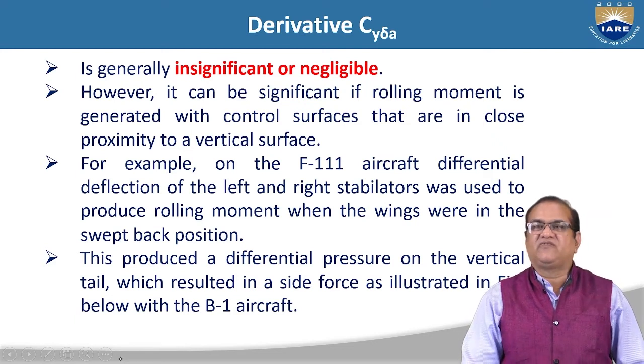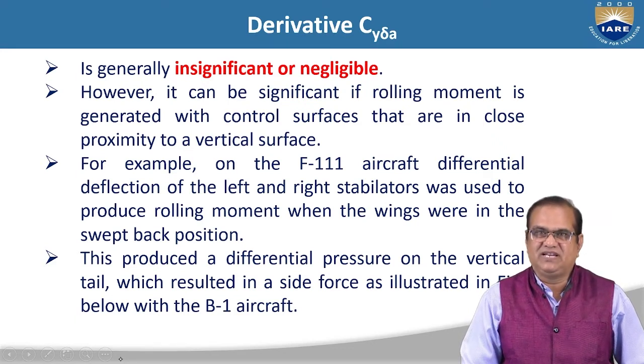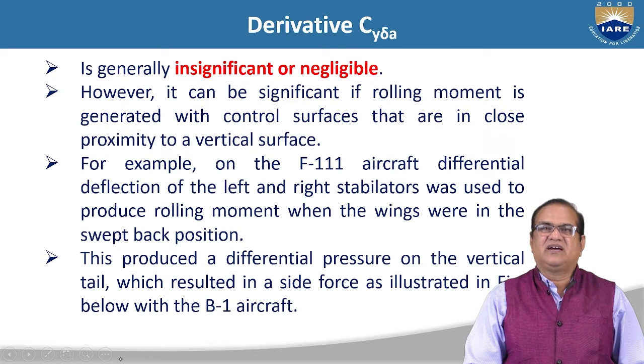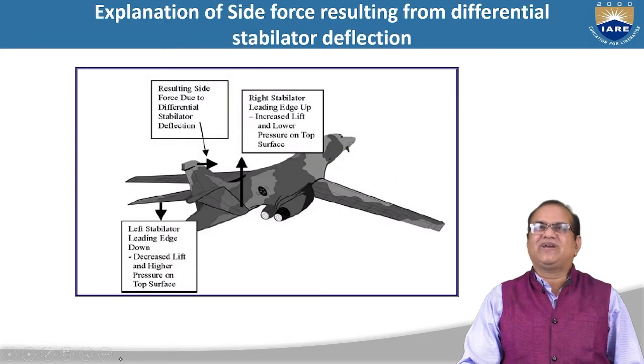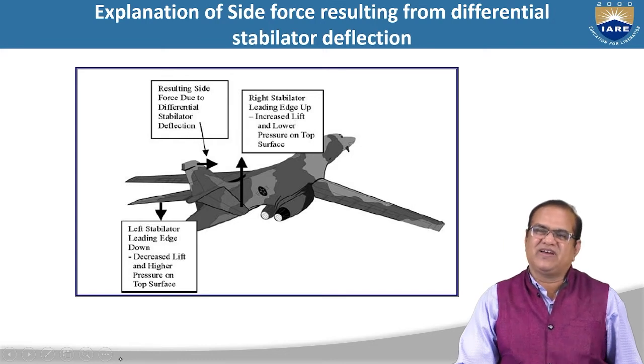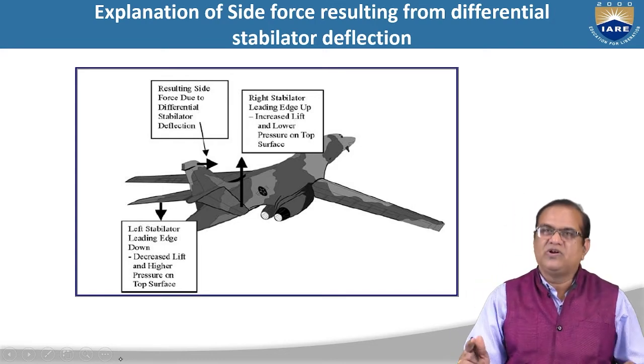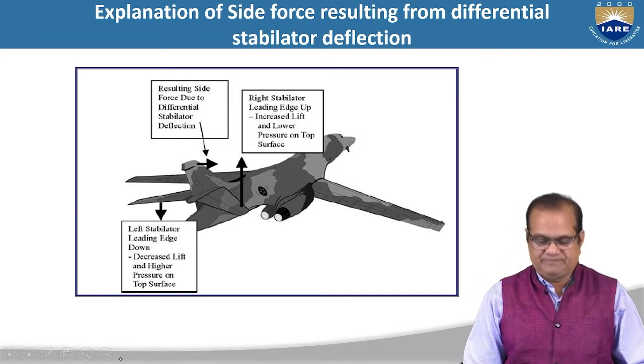This produced a differential pressure on the vertical tail, which resulted in a side force, as illustrated below with the B1 aircraft. This you can see here. The explanation is very important for how this can be achieved.